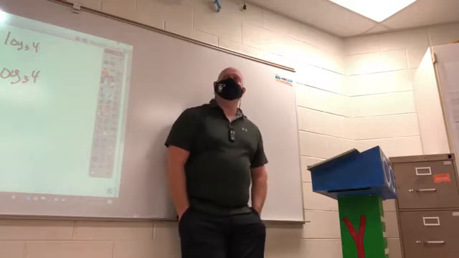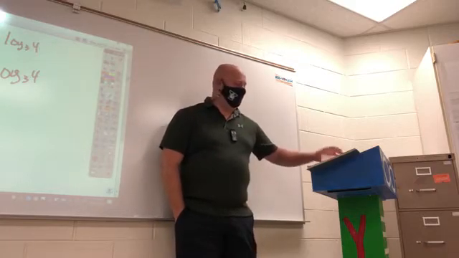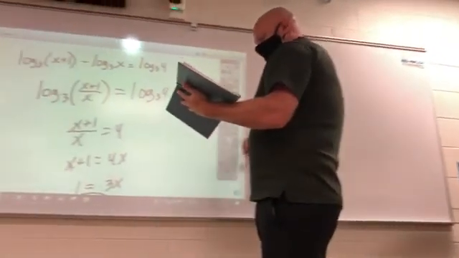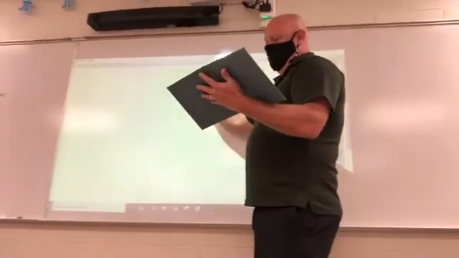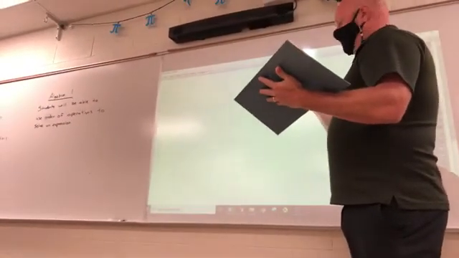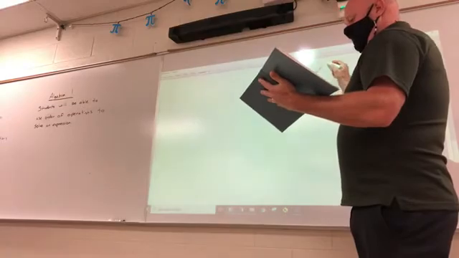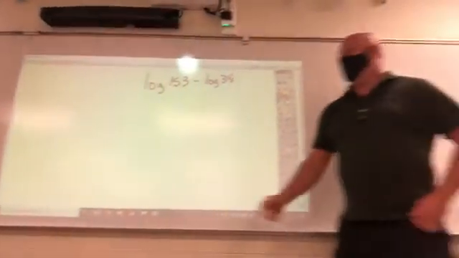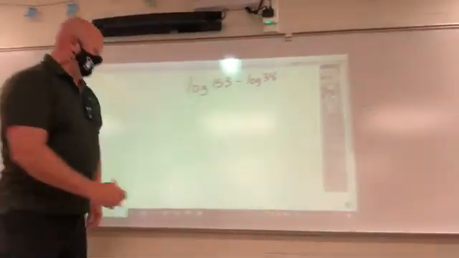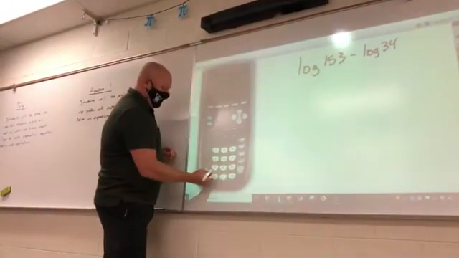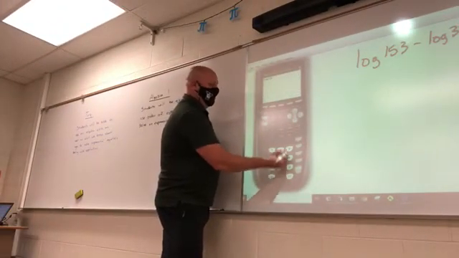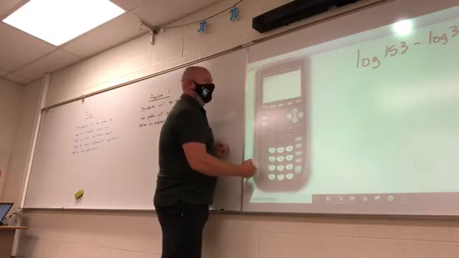Yes? 26 on page 357? Sure. So 26. Oh, there's two different ways you can do this. You can type it in as is. Right? So I can type it in as log of 153, make sure you close that parenthesis, minus log of 34.